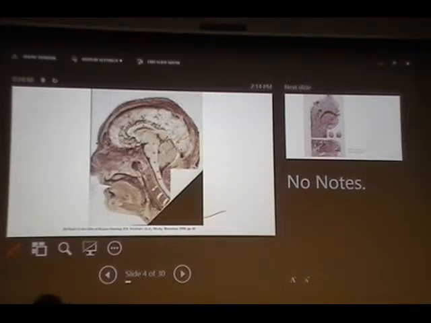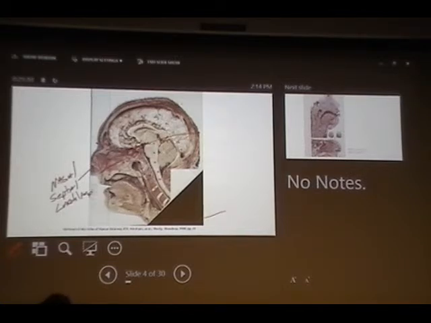All right, so here is the nasal septal cartilage. This once again is the septum. Okay, we've got 2 bones that engage here. Here's the nasal septal cartilage out here.